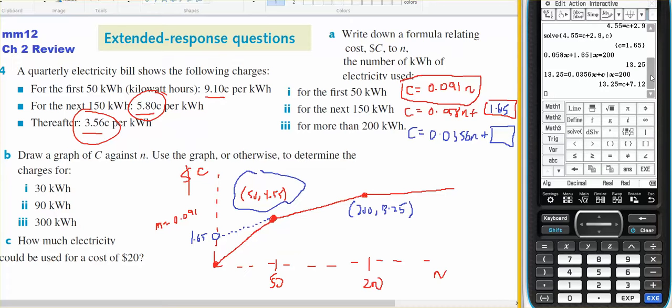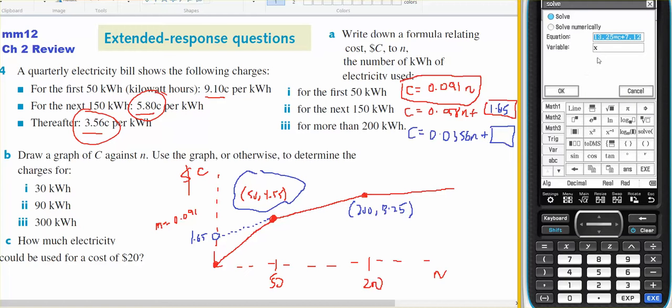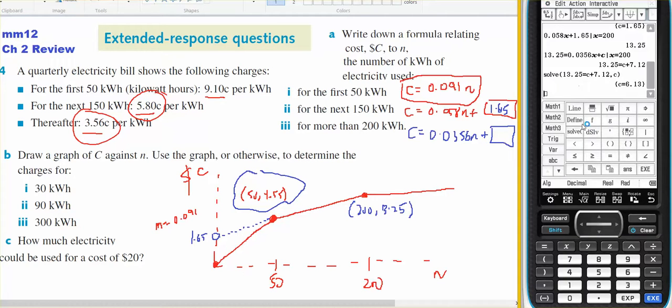And that gives me an answer for c of 6.13.